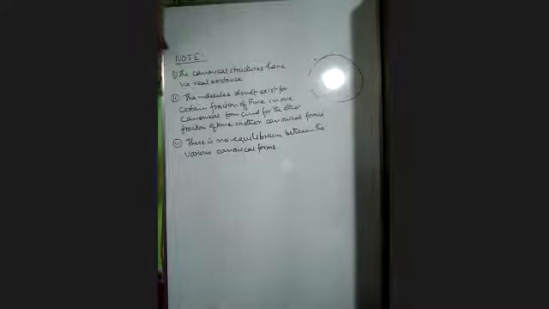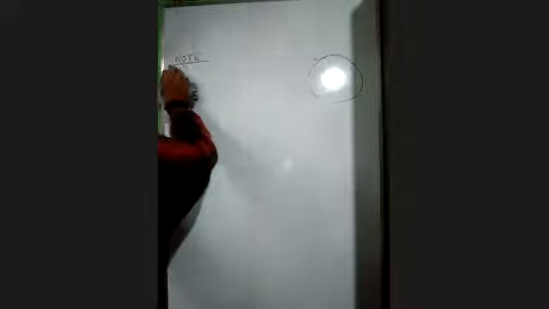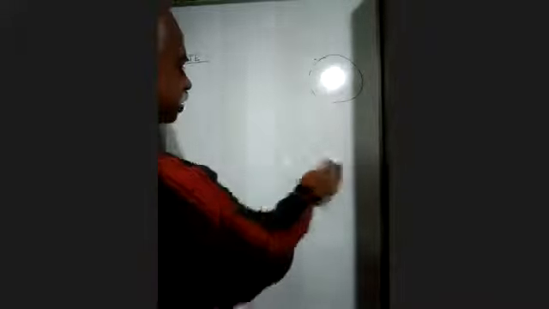So in that case, we name the element by its atomic number, and the numbers are taken from the Greek, because all our scientific names initially started from Greek or Latin.